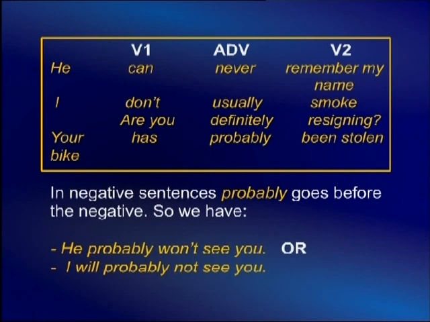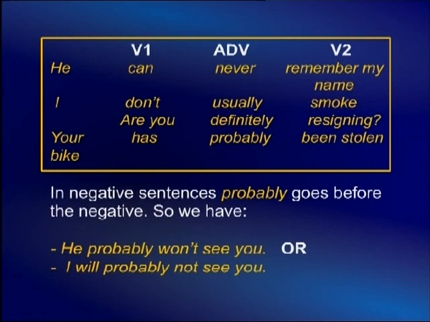The first part is can, the second part is remember. So this is just what I said, that certain adverbs like never, usually, probably, definitely, they usually come after the first part of a verb which is a two-word verb.